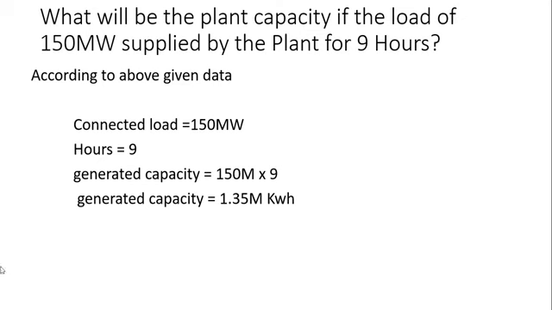So I simply calculated the generated capacity by connecting this load for 9 hours with the power plant, and this became 1350 megawatt hour. Again I converted mega to kilowatt hour, and when I multiplied 9 by 150, it was a big figure, so I kept the mega the same here.